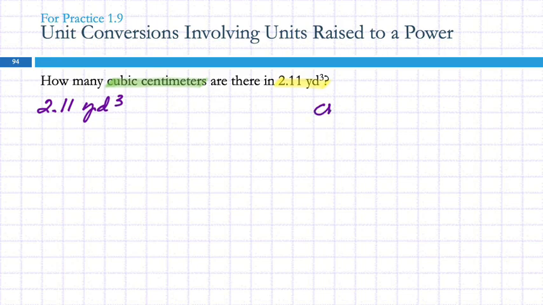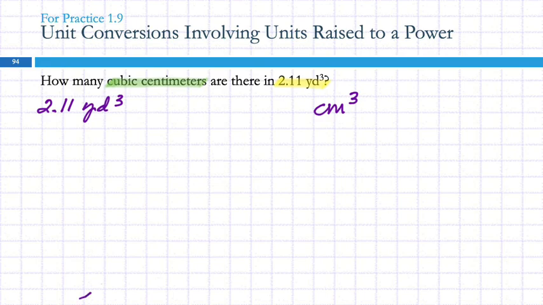We're going to end up with centimeters cubed. And to figure out what this path is, let's just pretend the cube isn't there for now. The path is going to be just like yards to centimeters, except we're going to end up cubing everything.